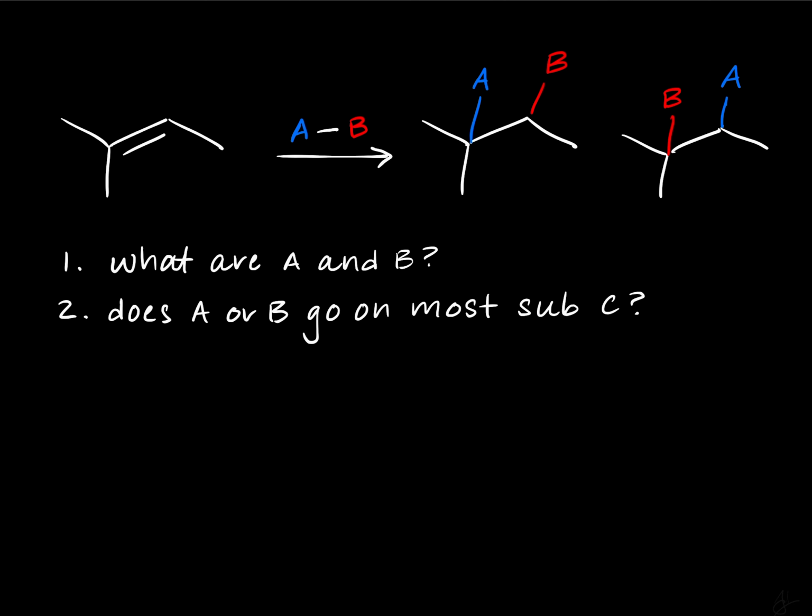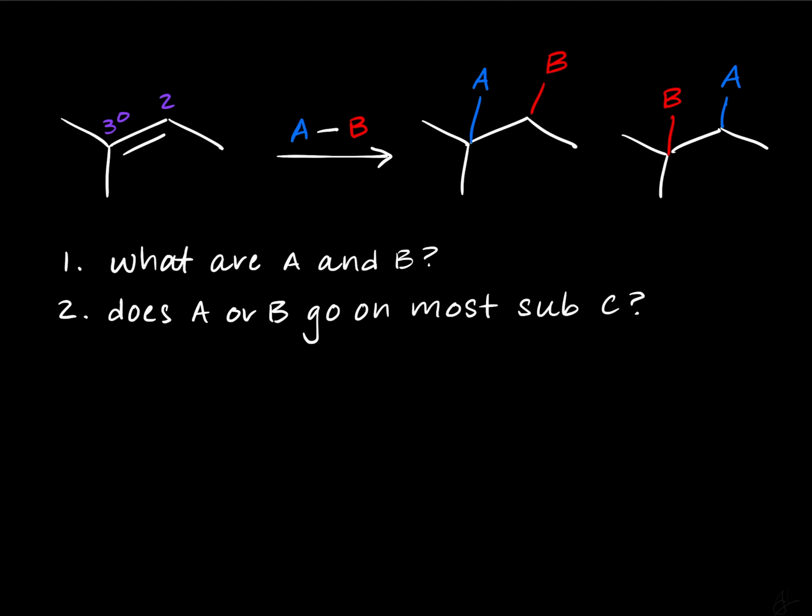What do I mean by the most substituted carbon? Well, let's look at the double bond and the carbons that we're investigating. So these two carbons. This left carbon has 1, 2, 3 carbons attached to it. So this is a tertiary carbon. The right carbon has 1, 2 groups attached to it.